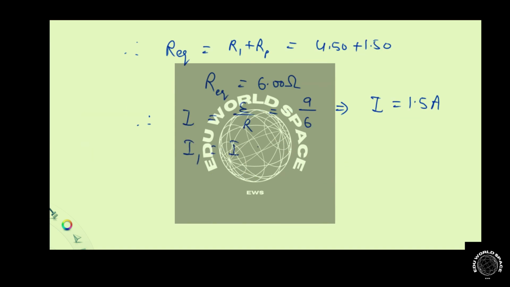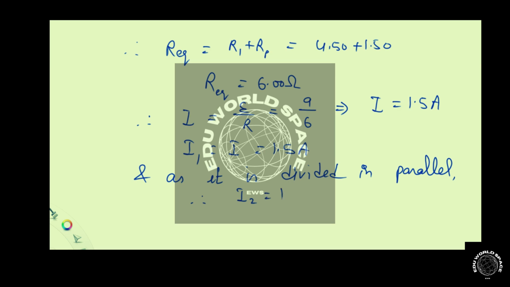Now, as current remains the same in series, the current passing through R1, I1, will be equal to the total circuit current, means 1.5 ampere, and as it is divided in the parallel combination, and all the three parallel resistors are identical, we can say I2 will be equal to I3 will be equal to I4, and that is 1.5 divided by 3.